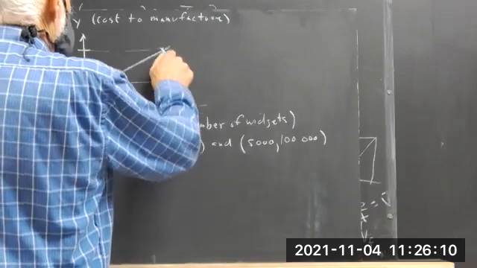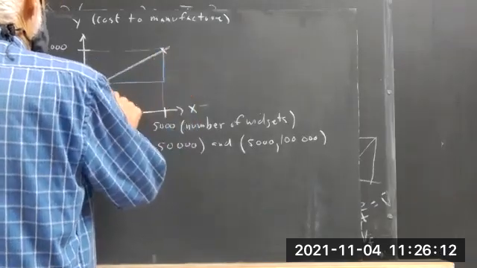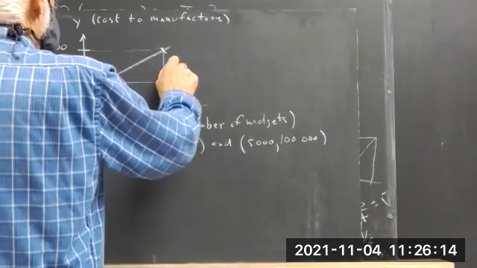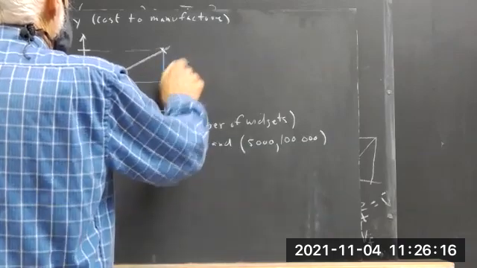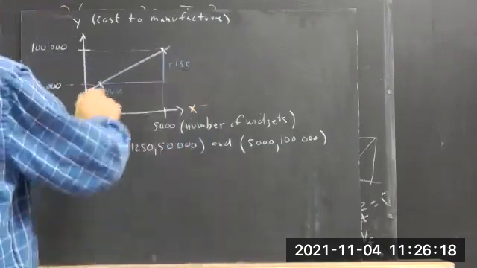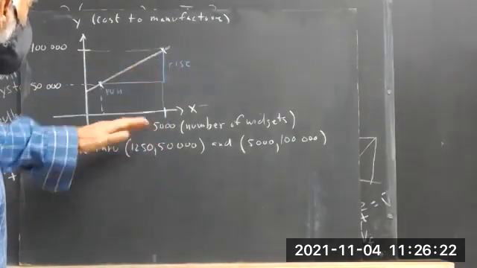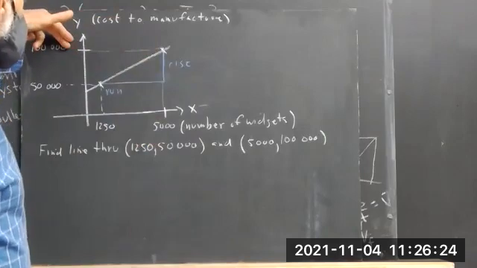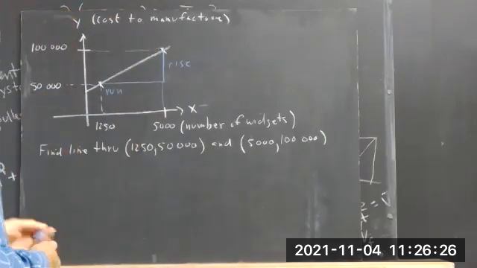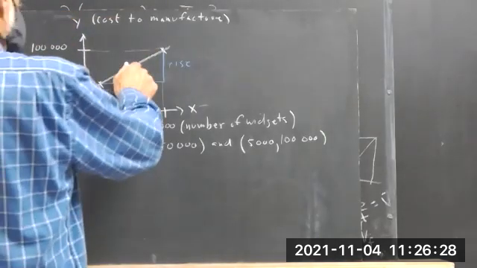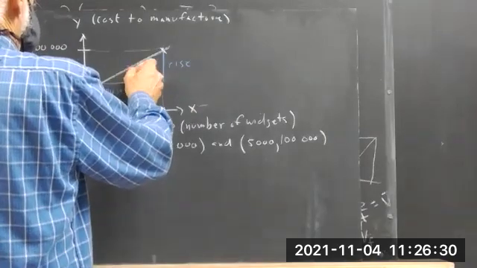I'm going to draw this triangle here. This side is the run, this leg is the run, this leg is the rise. This leg is parallel to the x-axis, this leg is parallel to the y-axis. And we think of going from one point to the other.